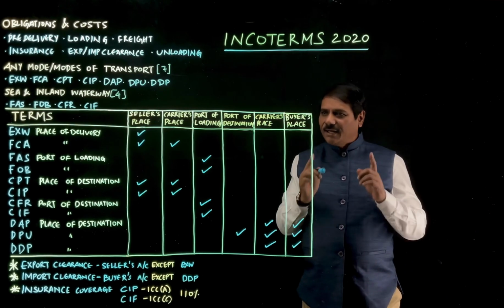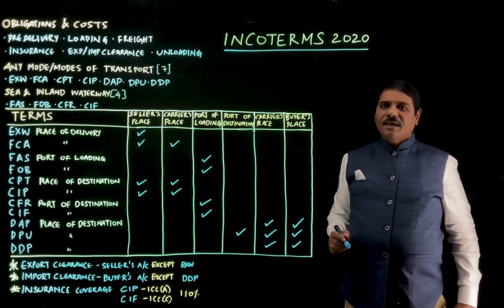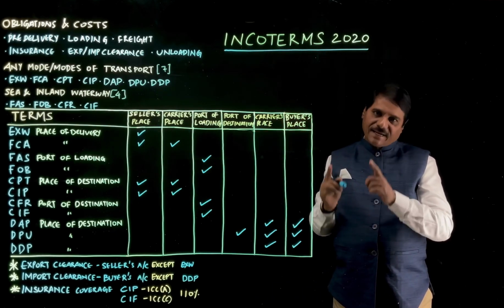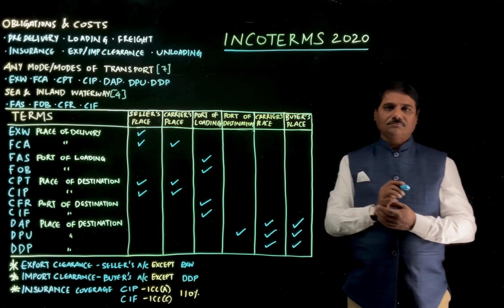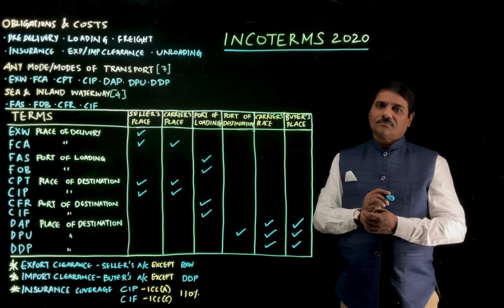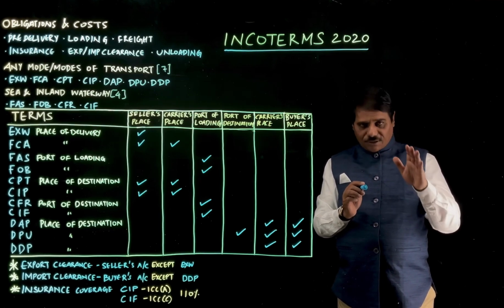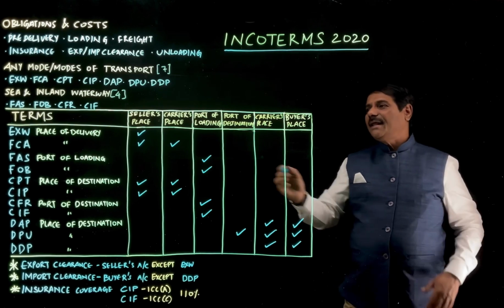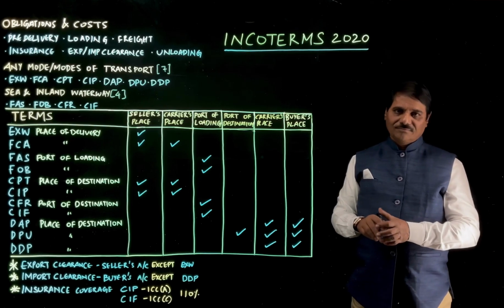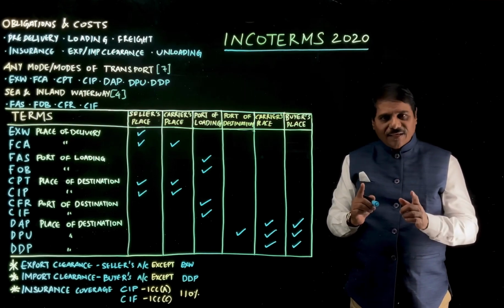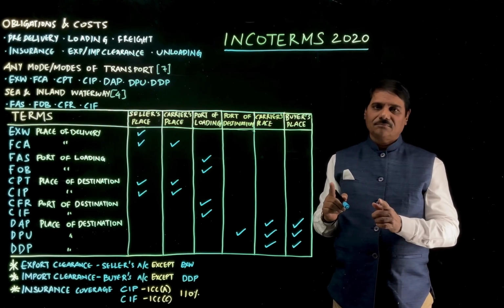So the seller can deliver the goods at his place. If he is delivering the goods at his place, the seller has to load the goods onto the truck. Or the seller may be required to deliver the goods at the carrier's place, the shipping company place. In that case, the seller has to use his own vehicle.